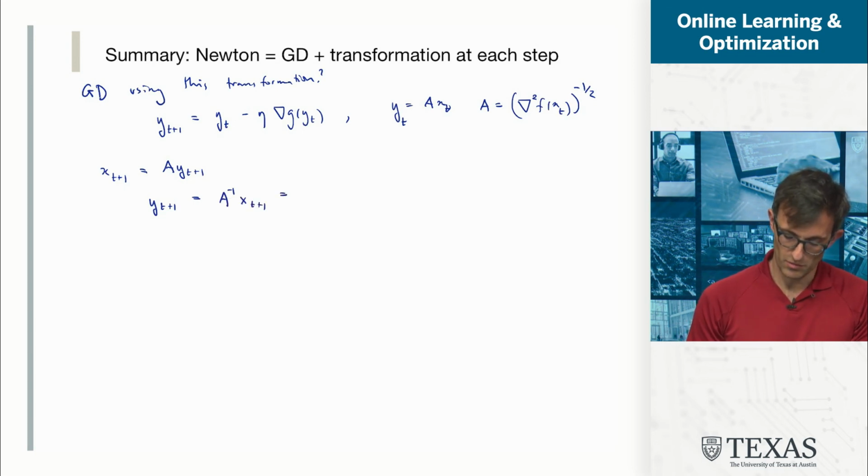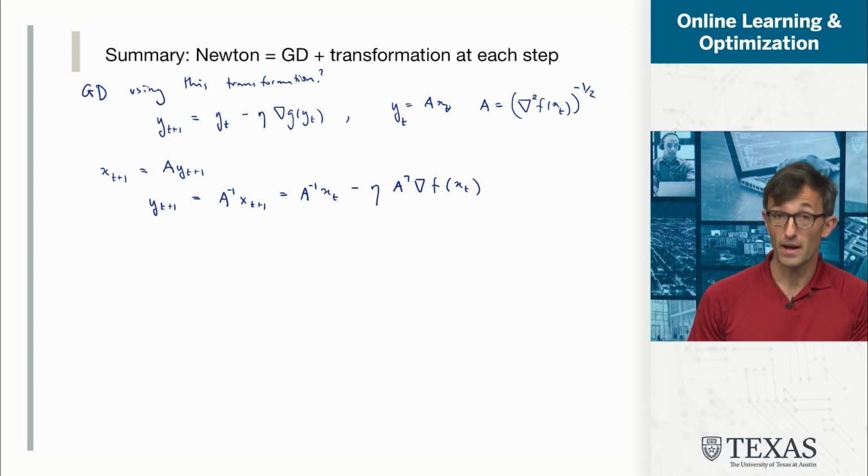This is equal to A inverse of x t minus eta times A transpose times the gradient of f of A y t, which is x t.